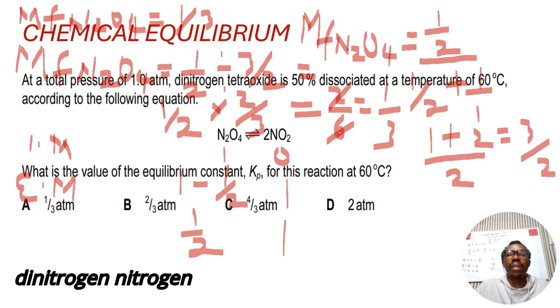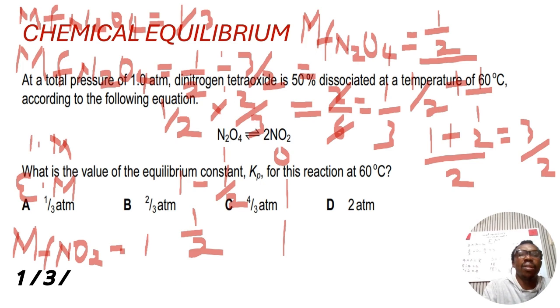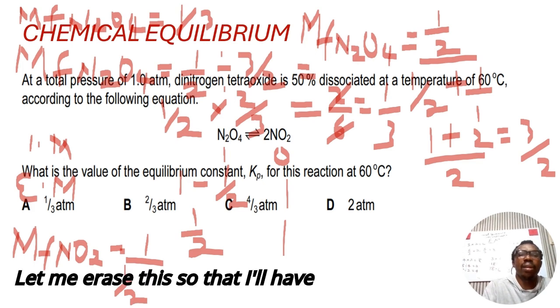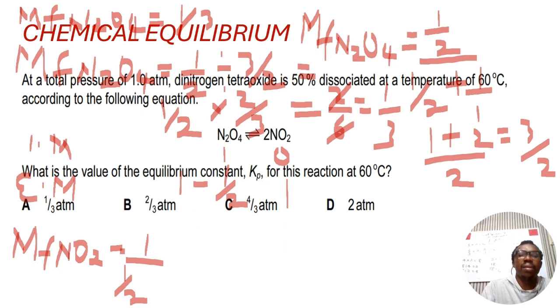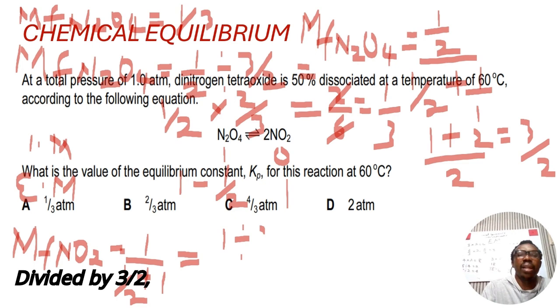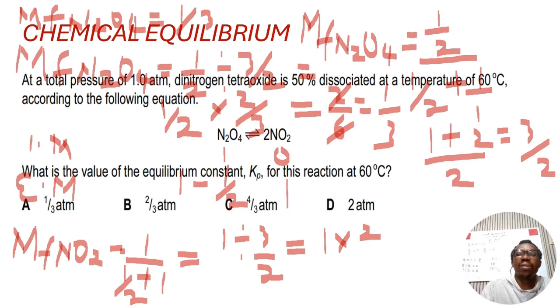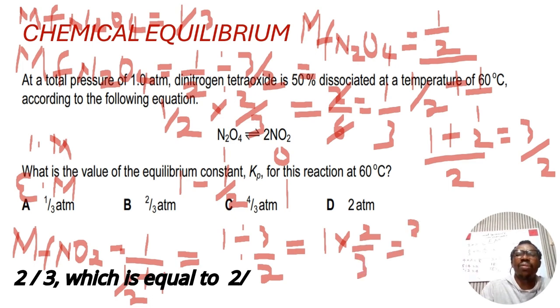So I have to calculate the mole fraction for nitrogen dioxide. The mole fraction for nitrogen dioxide will be equal to what? 1 divided by 3 over 2, which is 1 over 2 plus 1, which is equal to 1 divided by 3 over 2, which will now be equal to 1 times 2 over 3, which is equal to 2 over 3.